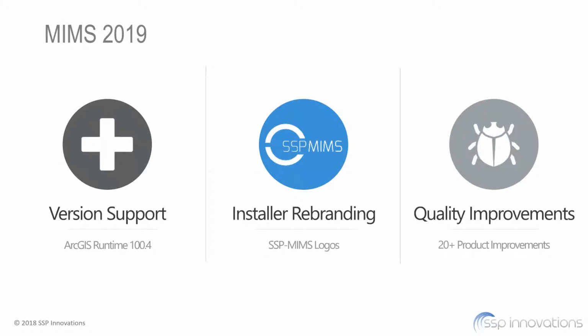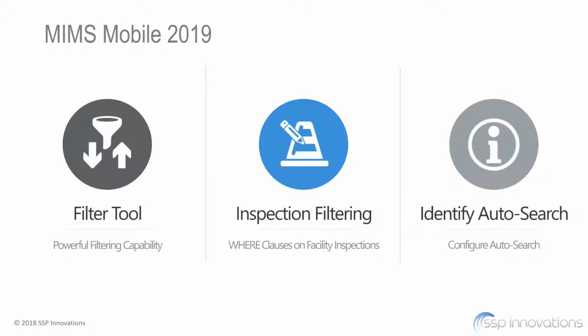These improvements were the outcome of a new support procedure that we have in place, and it provides a much more dynamic developer response to reported quality issues. It's a real report and get a response endeavor. It's been very valuable. The MIMS 2019 release notes contain the full list of items fixed and the enhancements added. So I definitely encourage you to go to MIMS portal and check out all of the release information.